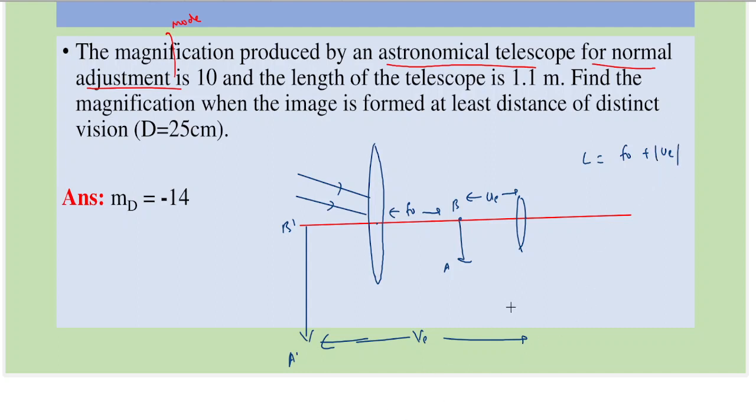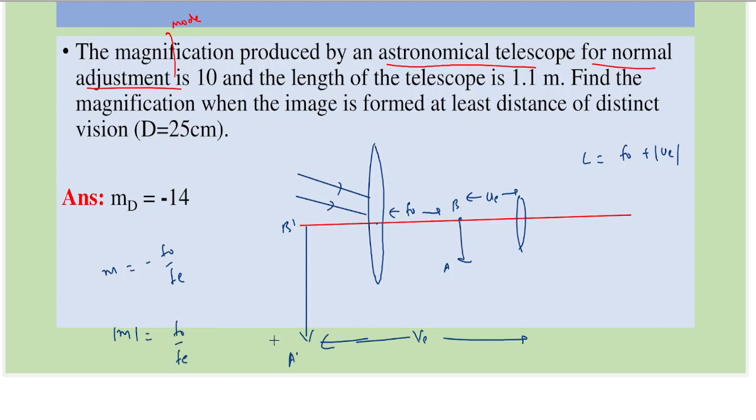The magnification when the image is formed at infinity is called m, given as minus f naught by Fe. The minus sign indicates that the image is inverted, so if we only take the magnitude, m is equal to f naught by Fe.